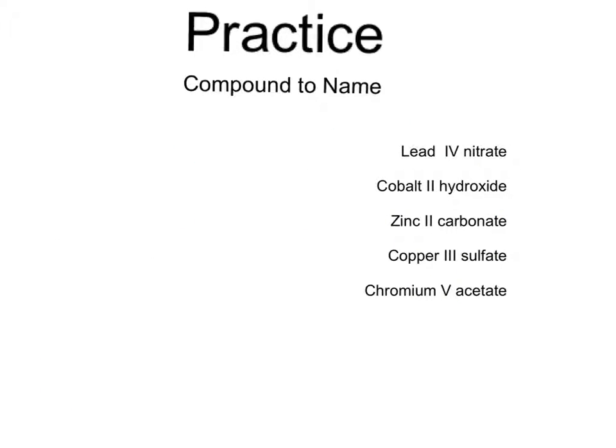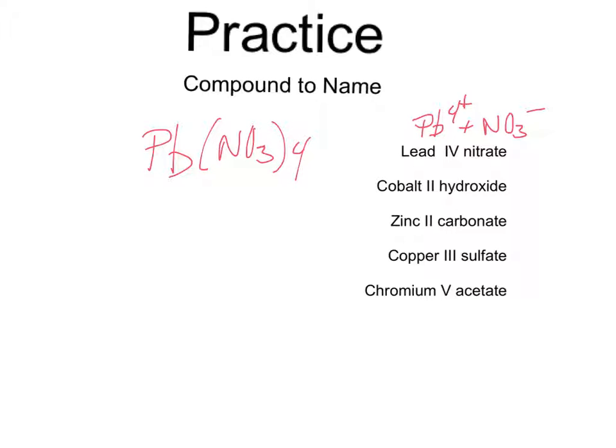Now let's go the other way. I've got the names, I got to create the compounds. So once again, I've got lead with a 4 plus charge, and I'm going to add this to nitrate, which has a -1 charge. So I'm going to need 4 of those nitrates. Cobalt with a 2 plus charge, because that's what that tells me.